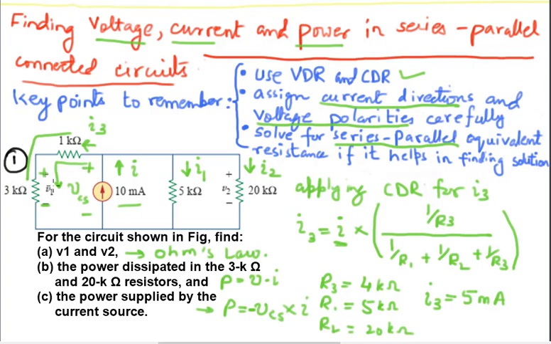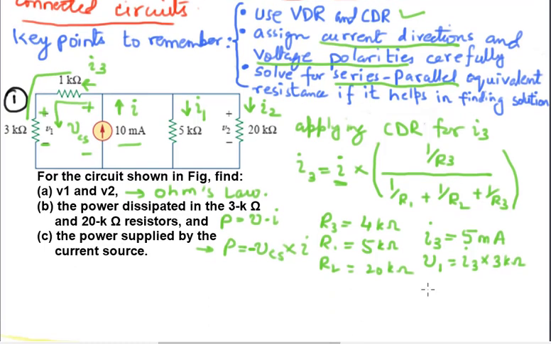And since we have the current of the 3 kilo ohm resistor, we can find out V1. The value of V1 is going to be simply the current flowing through it, which is I3, times the resistance that it has, which is 3 kilo ohms. If you substitute the value of I3 over here, what you are going to get is V1 equals 15 volts. That is the first part of your answer for part A.